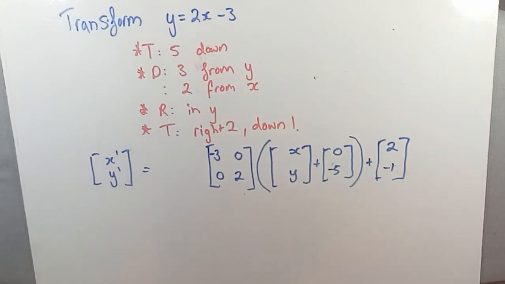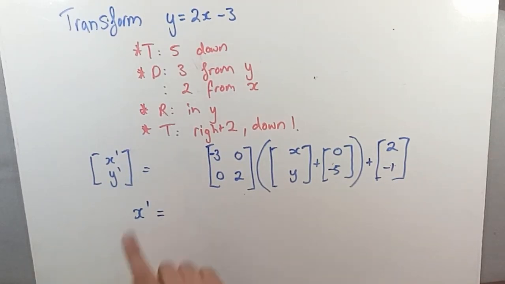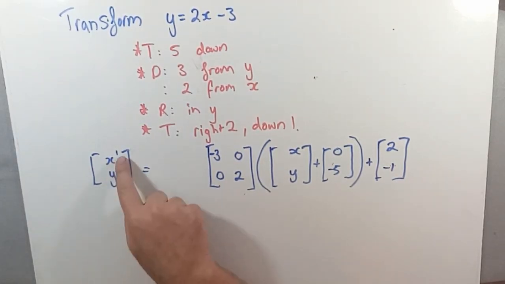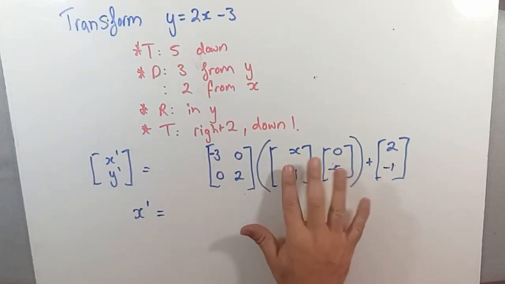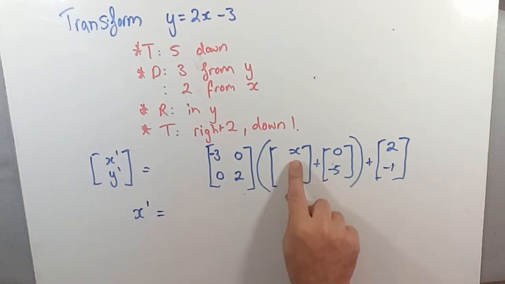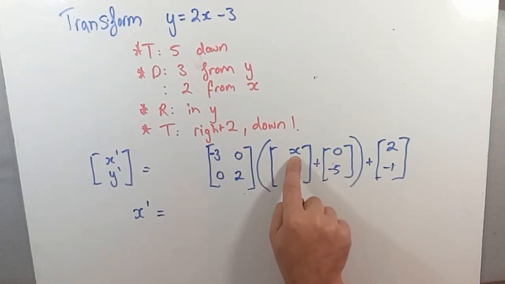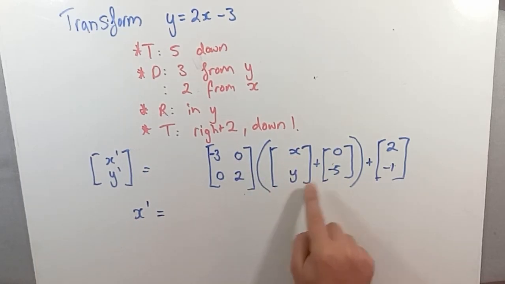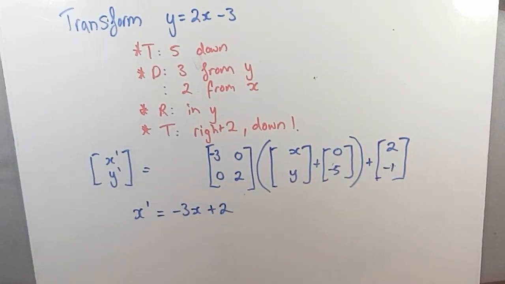What is our x image? Let's just do the x image bit. We're going to start on the top, find this bit here. Actually, we can put these together in one go. So this is x plus 0, which is just x. So it's negative 3x plus 0y plus 2.